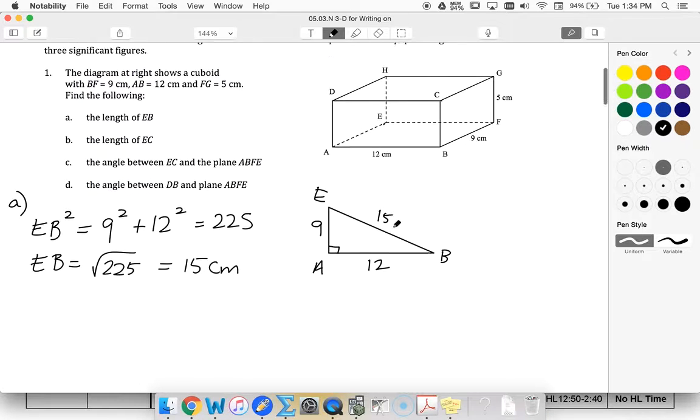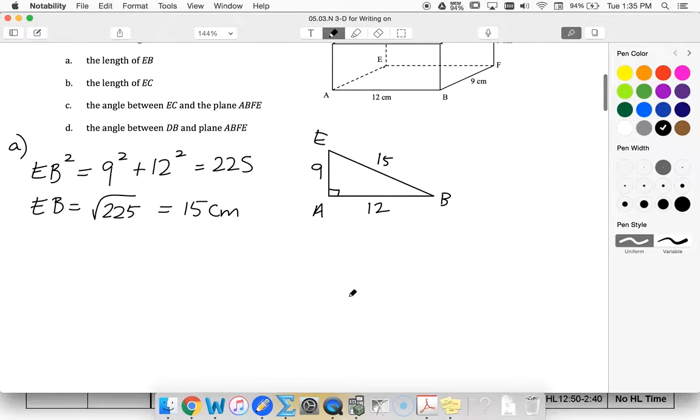So I'm going to draw myself another triangle. EB is my base, and then I'm going to come up to C, and then I'm going to connect those. So here's my E. Oh, goodness. E, B, here's my C.